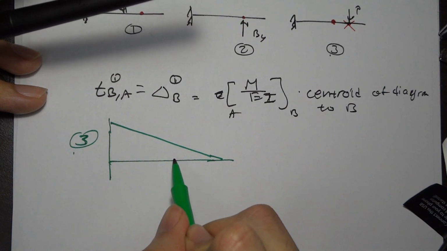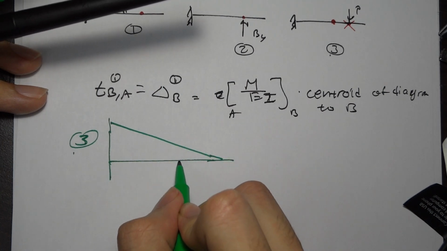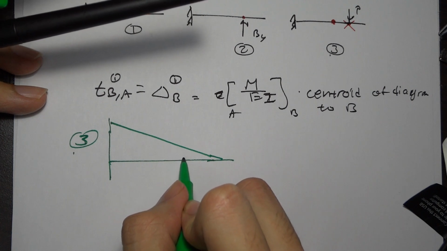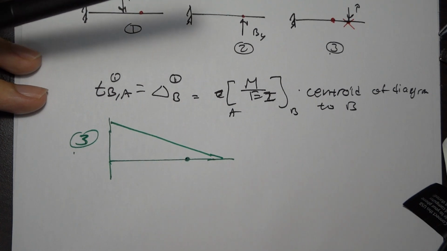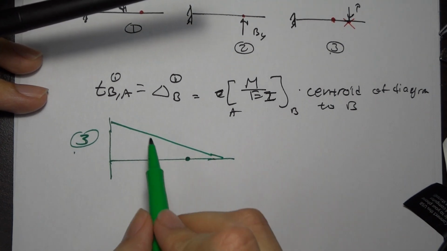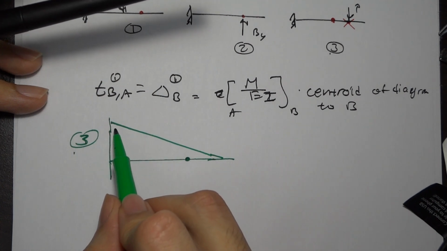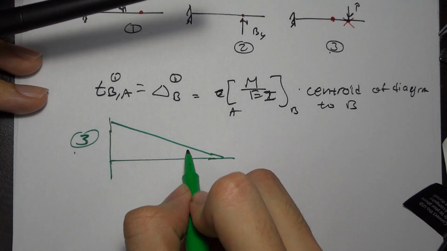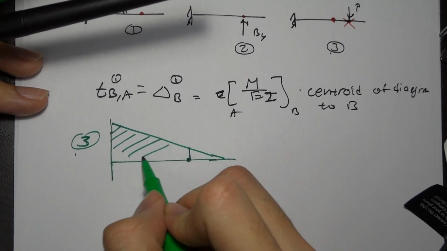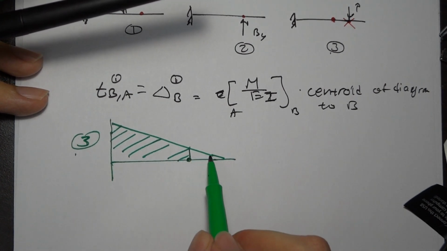You're interested in the centroid with respect to this point. This is going to cause some problems because you're only interested in this moment. You're not interested in the moment of this area.